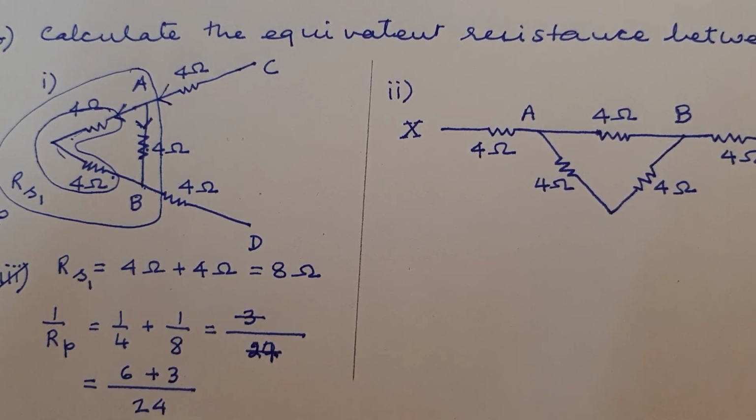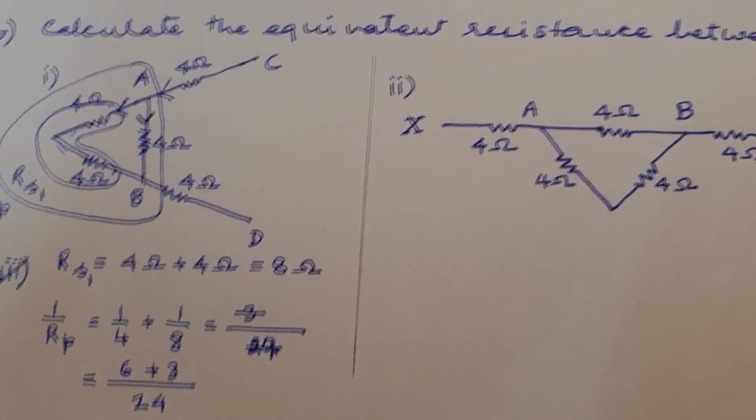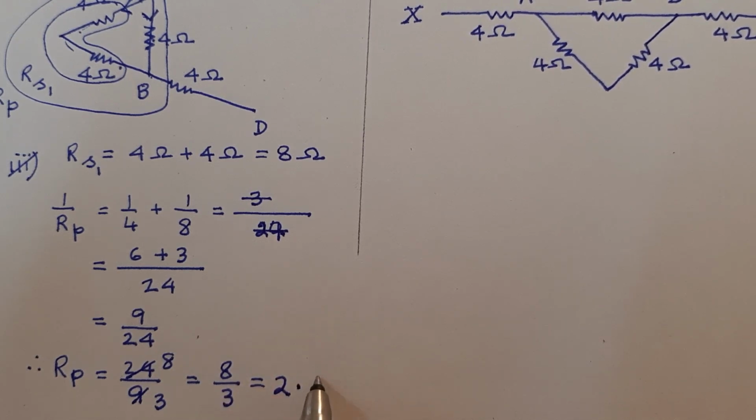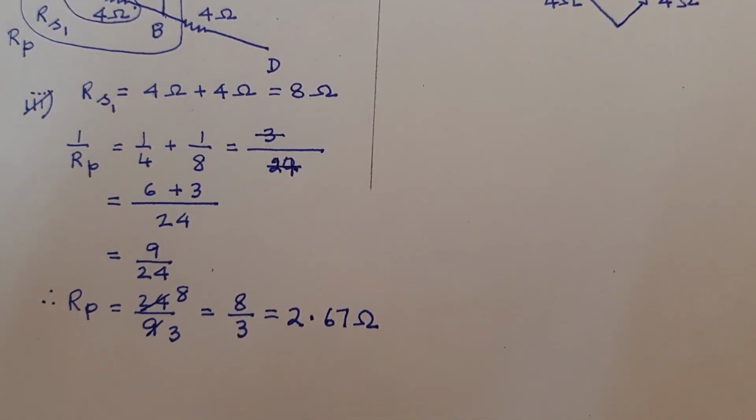So we will have 9 upon 24. And so Rp will be equal to 24 upon 9. So 3 8s and 3 3s. So we will have 8 upon 3, which will be 3 goes twice and 2/3 remains, so 2.67 ohm. This is the value of your Rp.